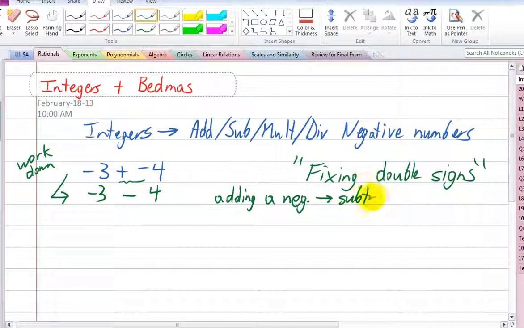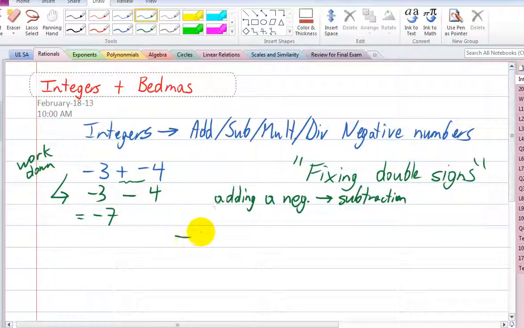Simply a subtraction. And so now you can get your final answer of what? Negative 7. Now, you can clearly see how things have changed when you work down. I can clearly see that I replaced this plus minus with a negative sign. I can clearly see that this became a negative 7.